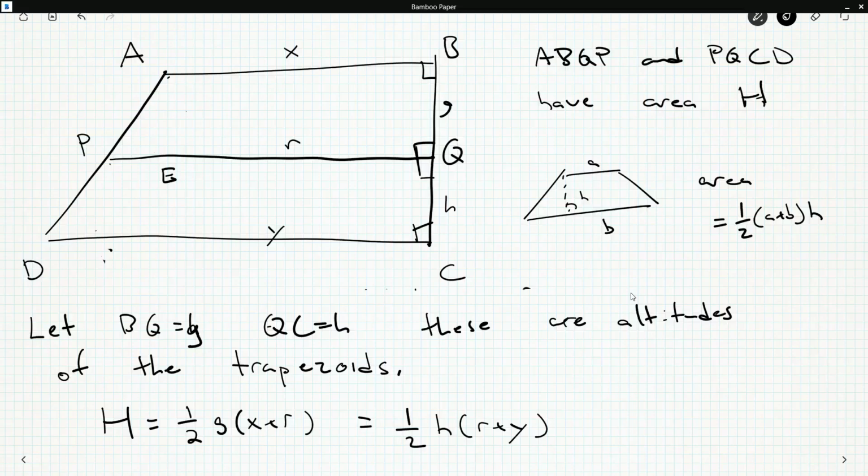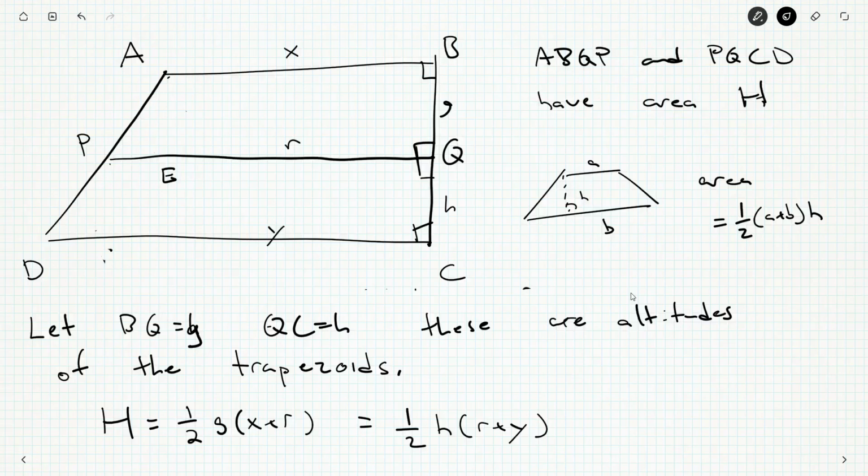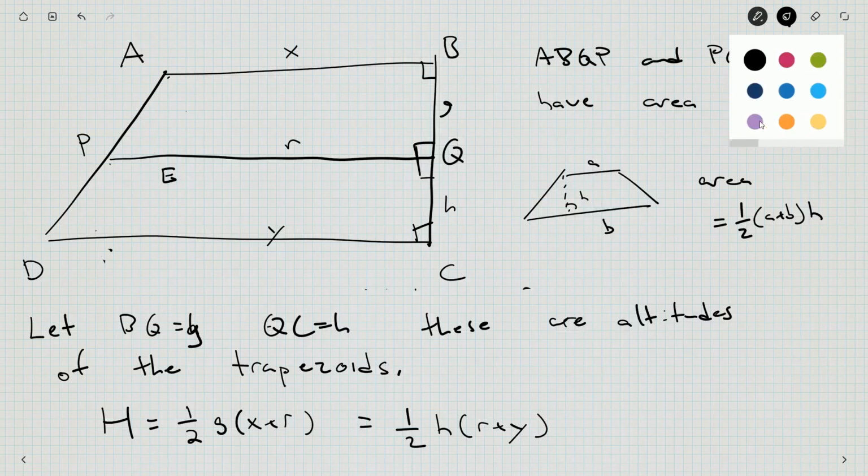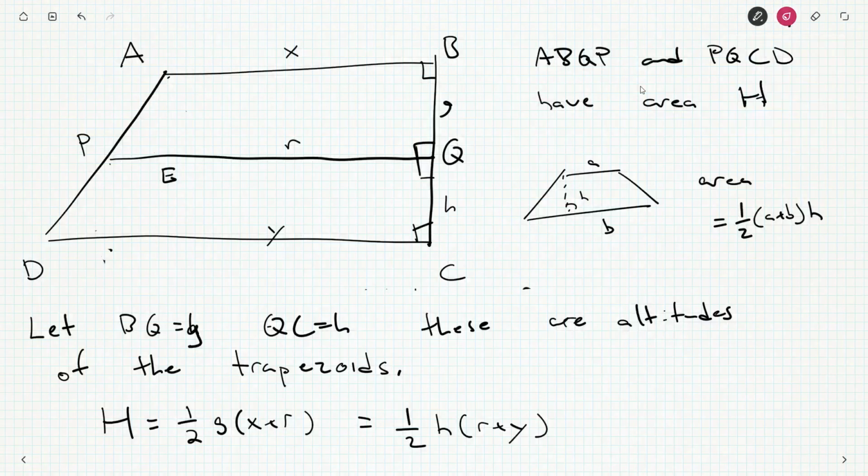And I can use this equation to get G in terms of H, R, X, and Y, but I don't think I can get rid of H, so I have to sort of think about, is there another expression? And absolutely there is. Let's get some red here.